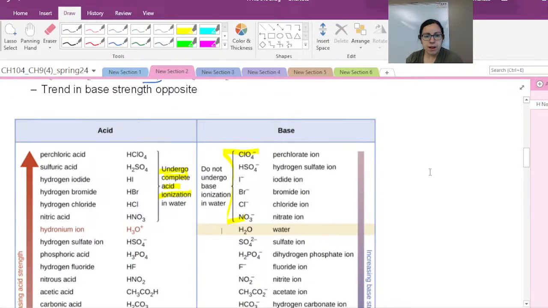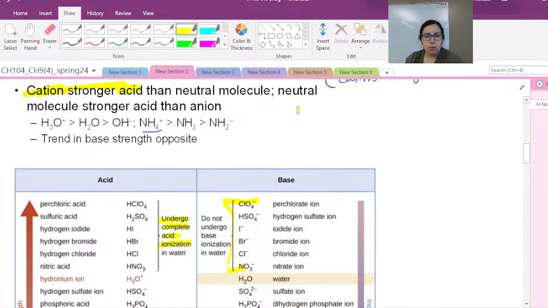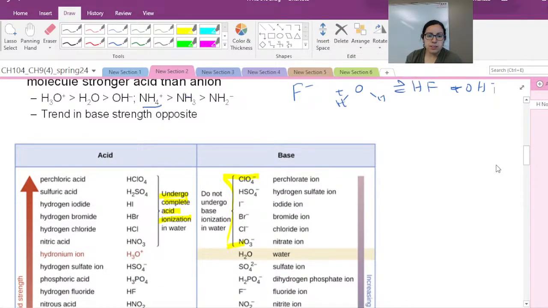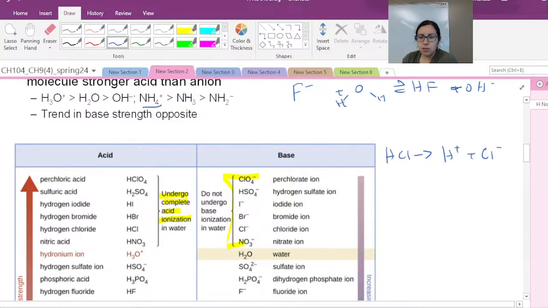And so again, for comparison, we had said that fluoride, remember, could react with water and reform HF, and of course make a base. But now we're saying that because our equilibrium lies all the way to the right, let's do HCl again, our chloride cannot do the same thing.